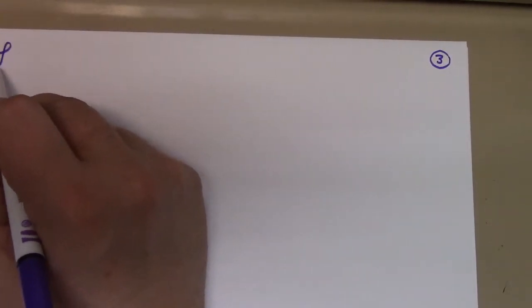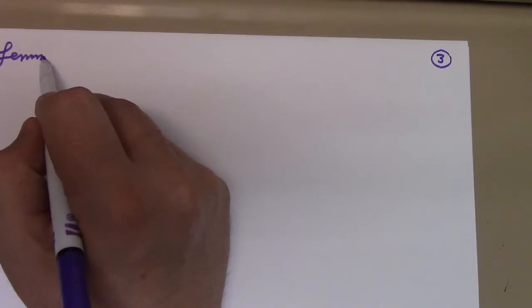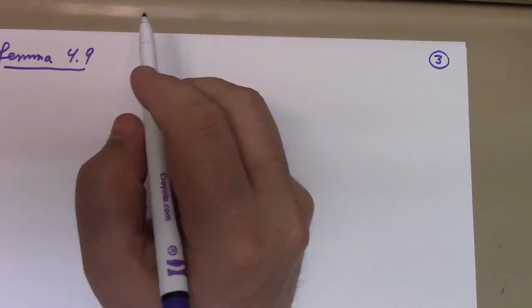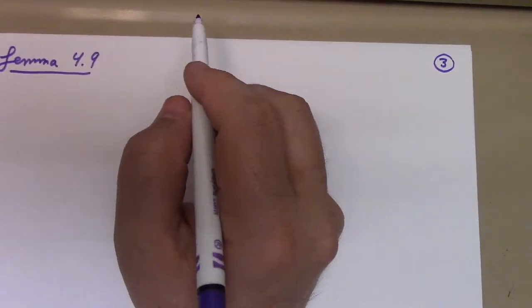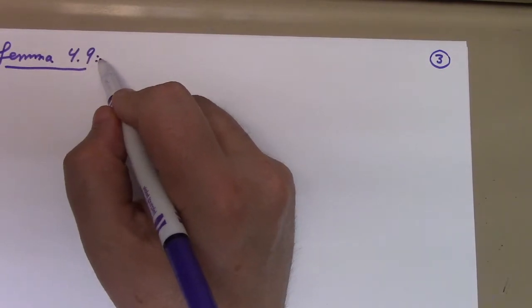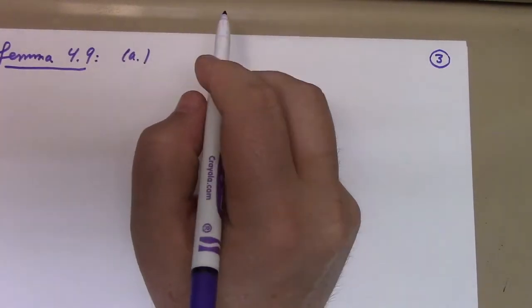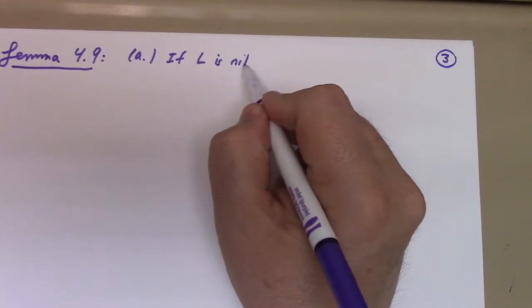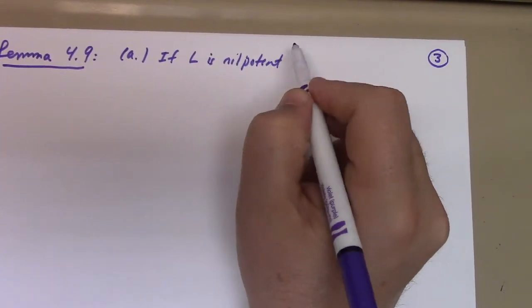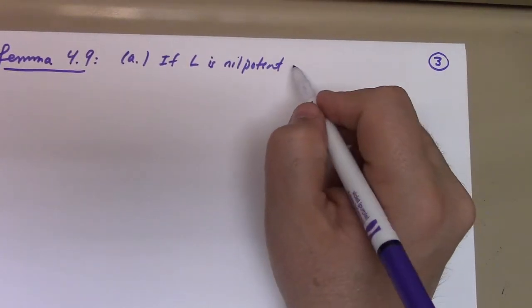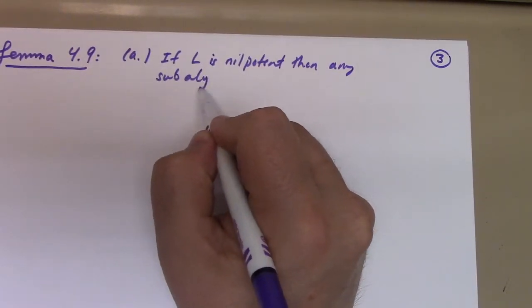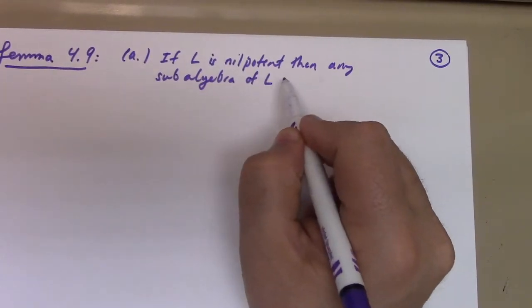Oh, where are we? Lemma 4.9 says the following: L is a Lie algebra. I'm tired of writing that. A. If L is nilpotent, then any subalgebra of L is also nilpotent.